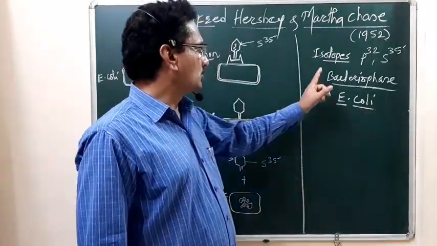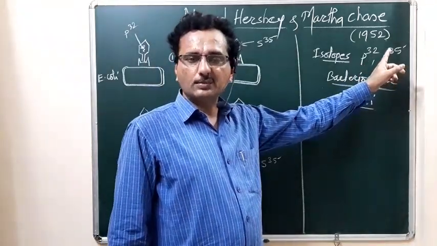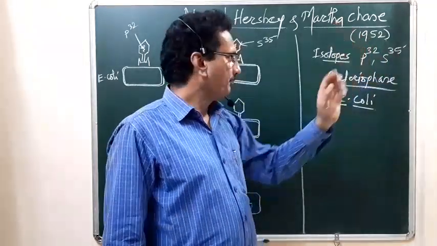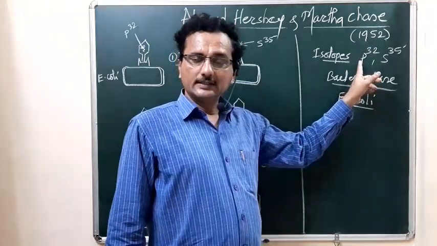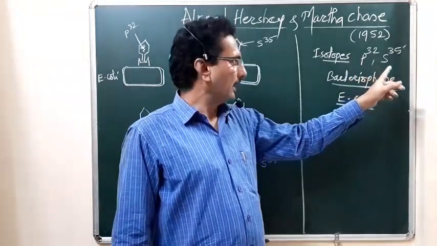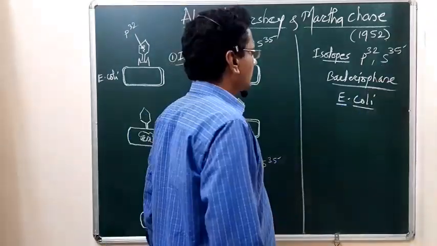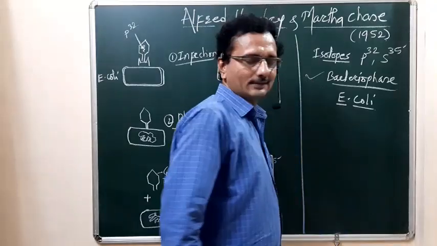They used the isotope of phosphorus P32 and the isotope of sulfur S35. You know that phosphorus is a constituent of DNA, and sulfur is a constituent of protein. The microorganism they used was the bacteriophage.